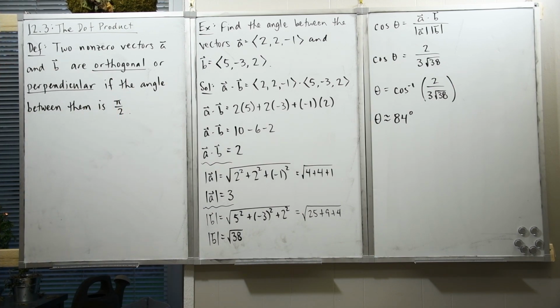And of course, this pi over 2 is in radians. And once again, two non-zero vectors A and B are orthogonal or perpendicular if the angle between them is pi over 2.